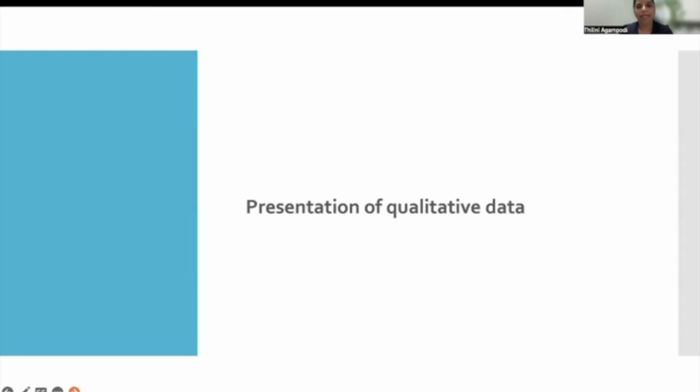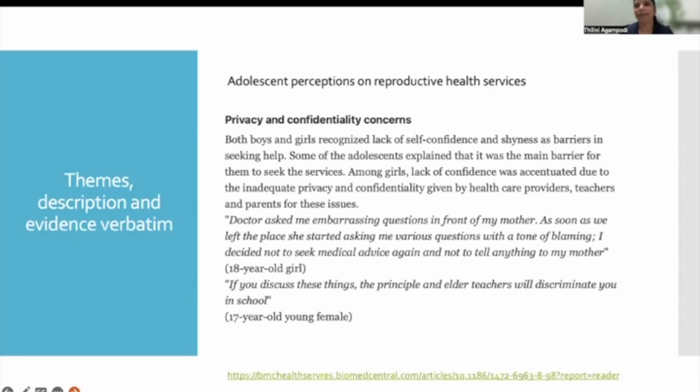One of the commonest ways of presenting qualitative data is to relate the theme. You mention the theme. So this is the adolescent study on barriers to using reproductive care services, right? One of the themes was privacy and confidentiality concerns, right?